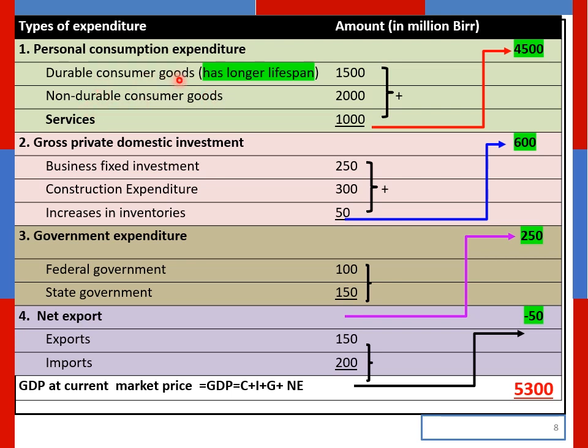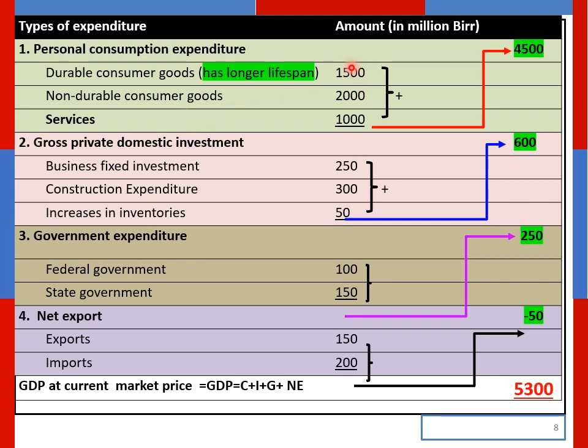Durable means a product that has a longer lifespan. For example, maybe the building or house and automobile. Non-durable consumer goods, a product has no longer lifespan. Example, it can be the clothes or it can be the food. And we have the service.